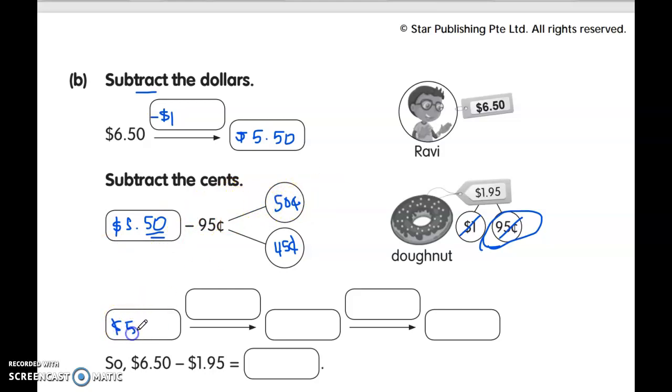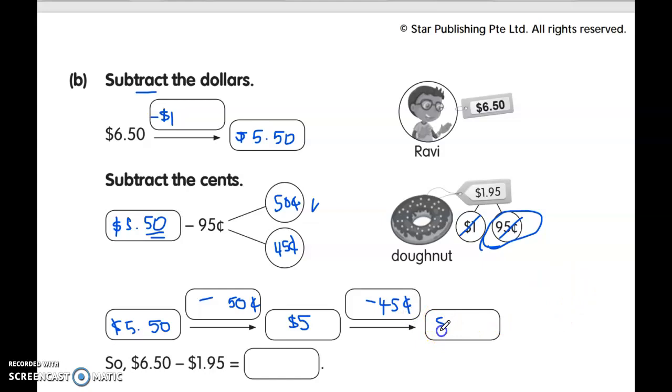So $5.50 minus away 50 cents. So 50 cents minus 50 cents. You have 50 cents and you give away 50 cents. So it's 0 cents, right? Therefore, we are left with the dollars. Now, once we are done with this, we still have to subtract the 45 cents.